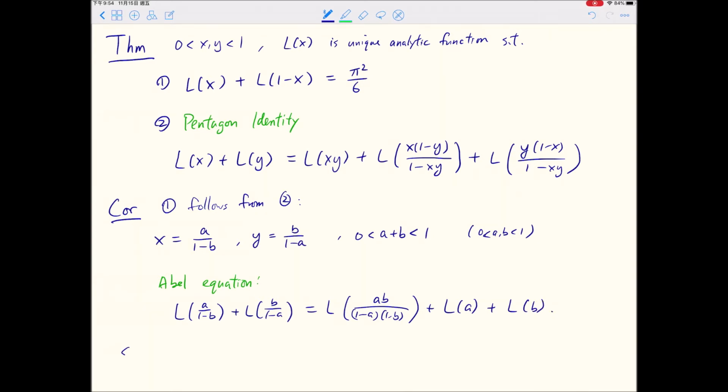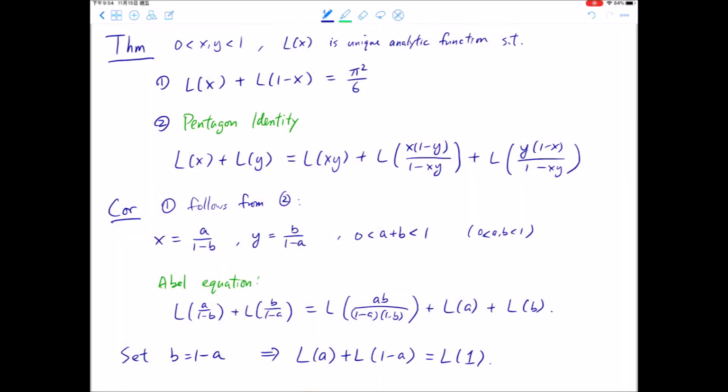Then finally, if you set b equals 1 minus a, so if you take the limit as a plus b goes to 1, then you will see that by continuity of the Dilogarithm function, you end up with exactly the reflection equations. So this will be the pentagon identity that we will want to generalize later on.